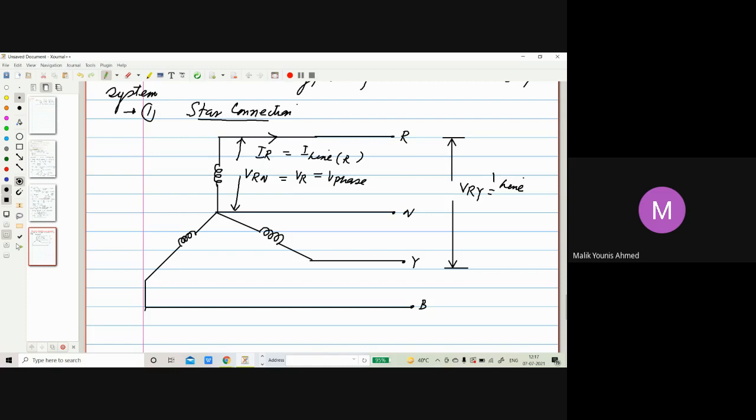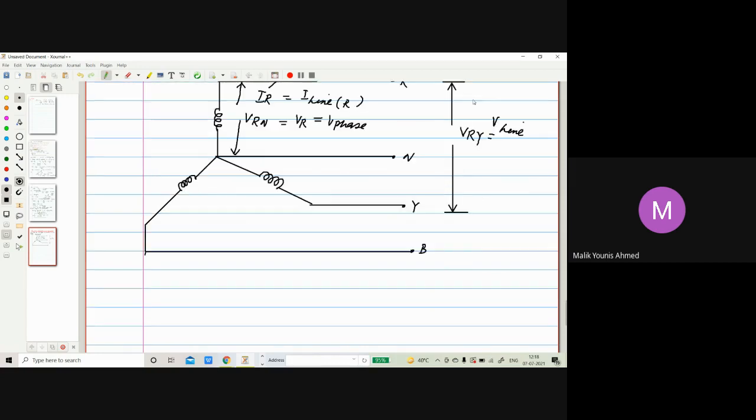That is V line. So this was something about the star connection. I think you already know it. I'm just trying to recapitulate the things we have studied. So we have a line current, and you should always remember in star connection VL is equal to root 3 V phase, and line current and phase current are the same in case of star connection. I think that you know.